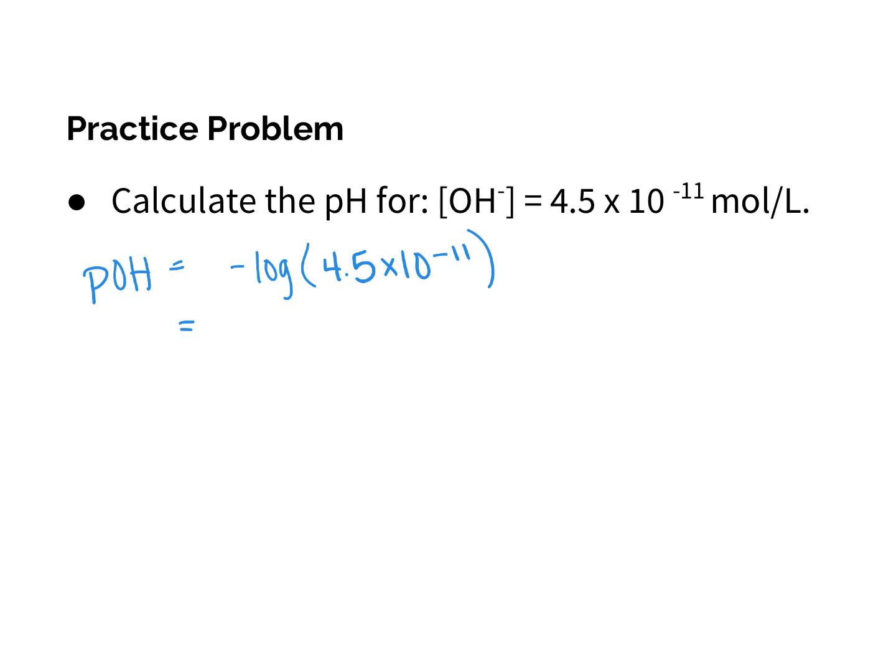And when I type it into my calculator, I end up getting 10.3. But that is pOH. So then now pH is 14 minus 10.3, which is going to equal 3.7.